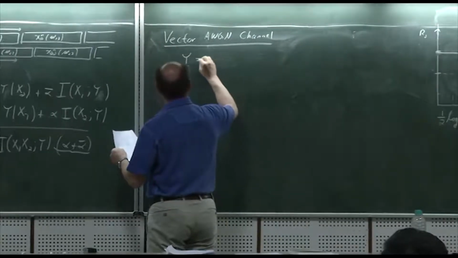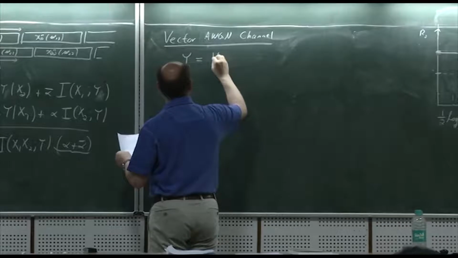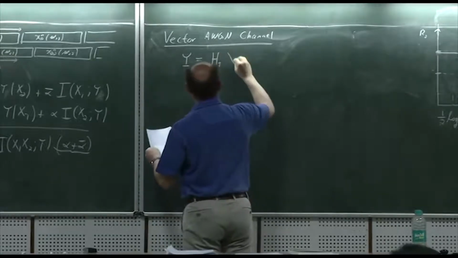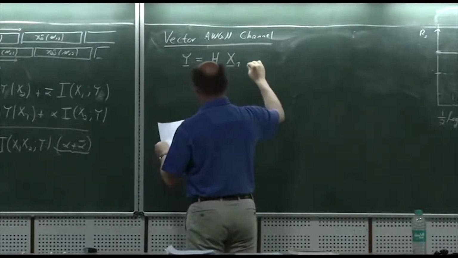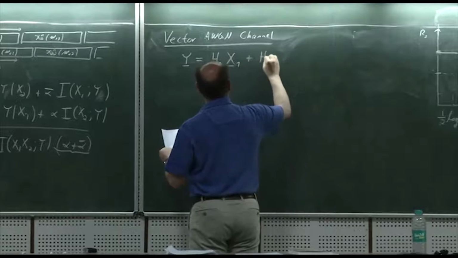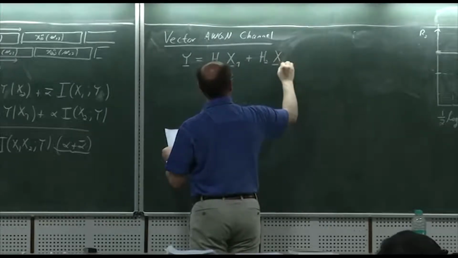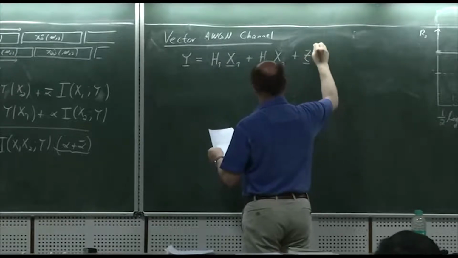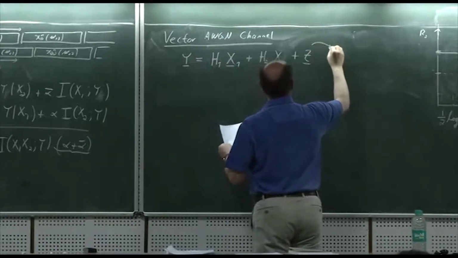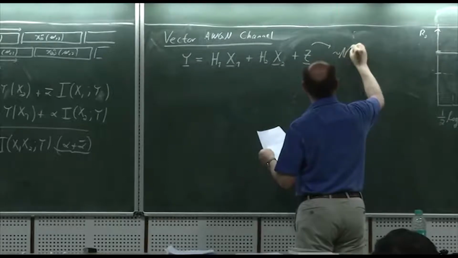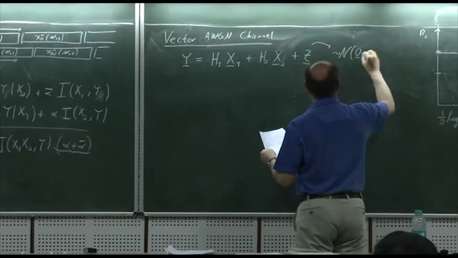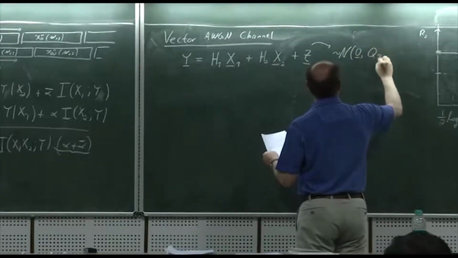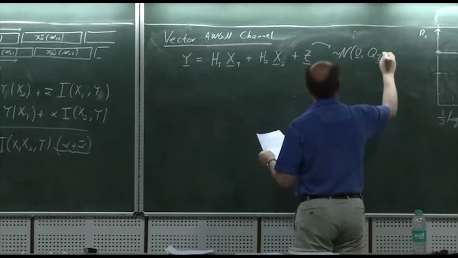Y is equal to H1 X1, so this is a matrix, plus H2 X2 plus Z. And in general, this Z has zero mean and some covariance matrix, QZ.